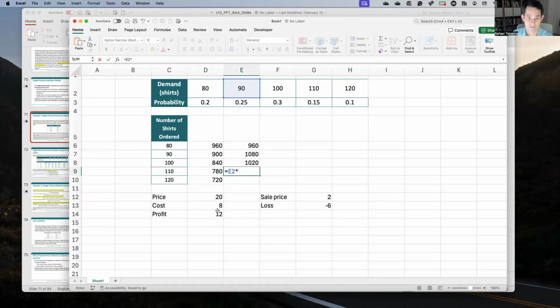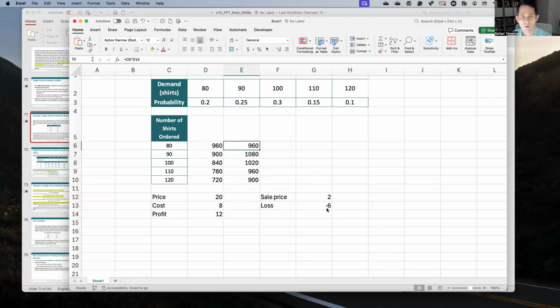He multiplies by the full profit, which is 90, but he has to add the loss, which is the difference between 110 and 90 times the loss. Let's do one more time. Now he orders 120, he sells 90, he multiplies by the profit, plus adds the loss, which is the difference between 120 and 90 times the loss.